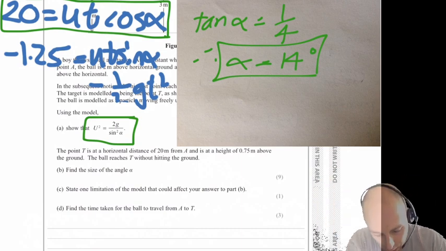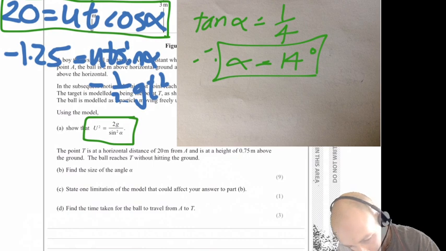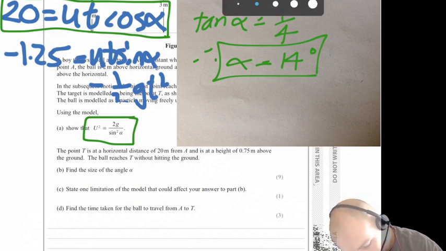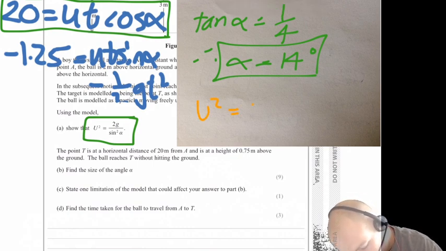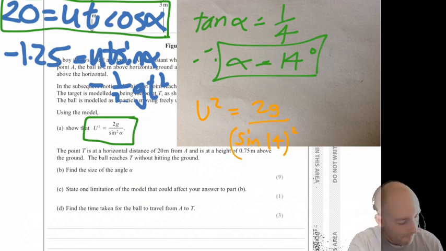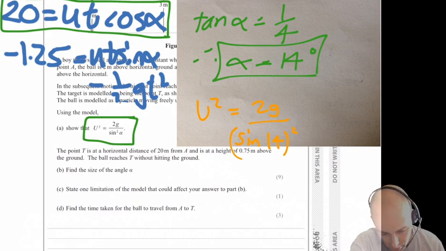So if we do that, we get u squared equals 2g over sine of 14 all squared, which gives me u as 18.3.